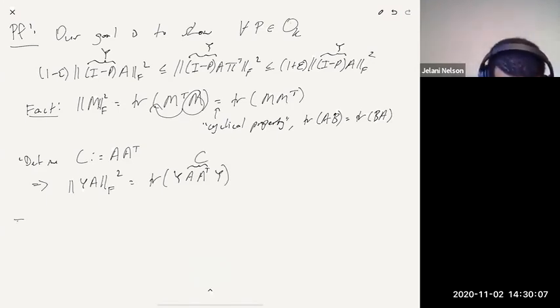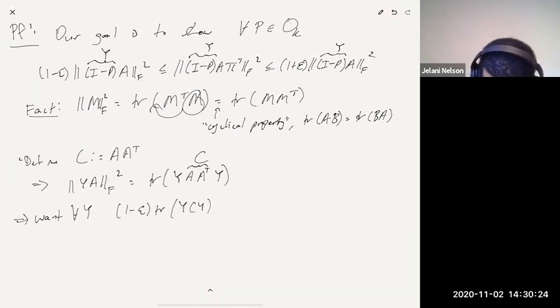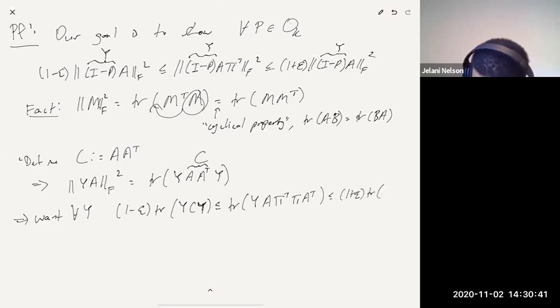So what I want is that for all Y that come from OK, 1 minus epsilon times the trace of YCY is at most the trace of Y A pi transpose pi A transpose Y, which is at most 1 plus epsilon times the trace of YCY.